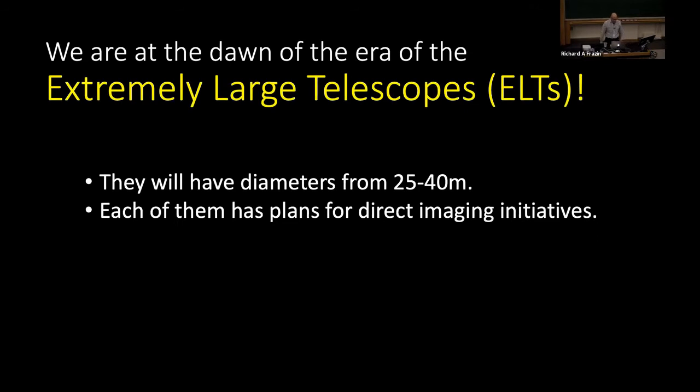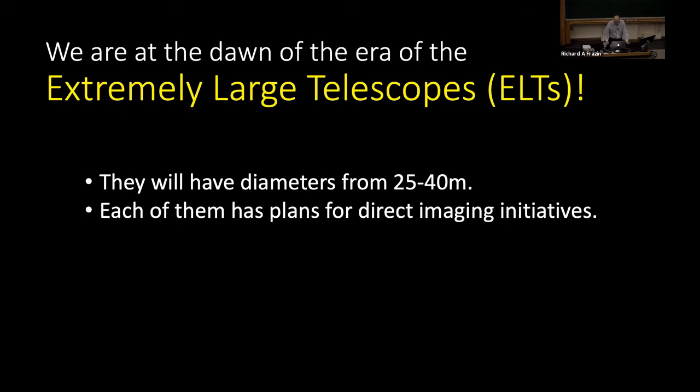But wait, there's more. We're at the beginning of the era of the extremely large telescopes. They'll have diameters from 20 to 40 meters, and they all have plans for direct imaging initiatives.